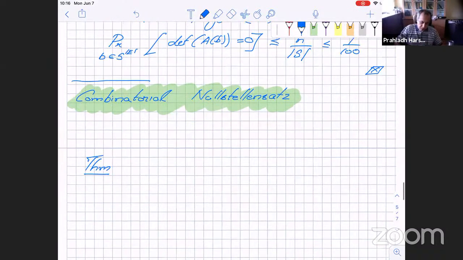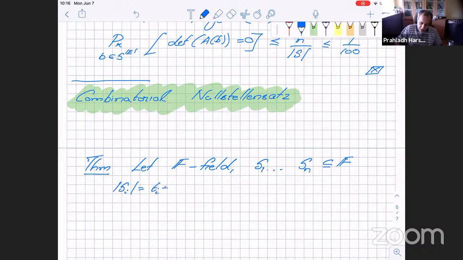So let F be some field, and S1, S2, ..., Sn are subsets of F, and let's say each Si is of size Ti plus 1.